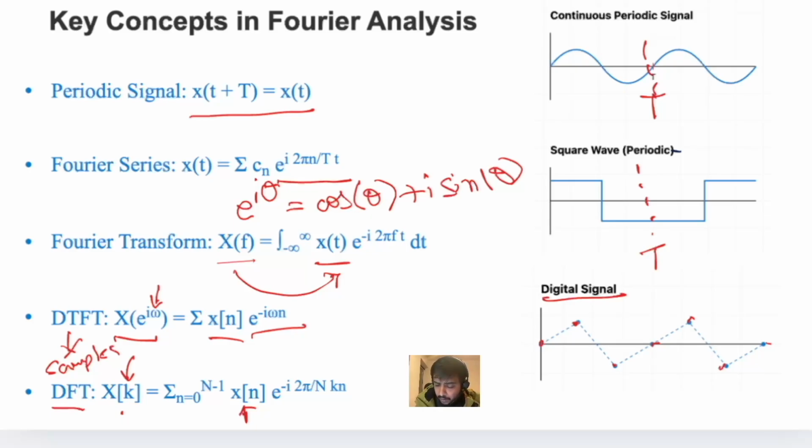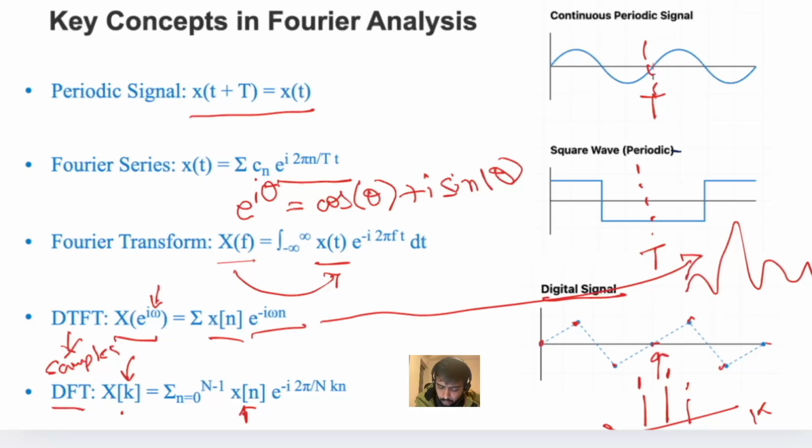And so if we apply the DTFT to this signal, we would have something like a continuous frequency spectrum, which is represented here, but if we apply a DFT on the k-axis here, this will give me discrete frequency components.